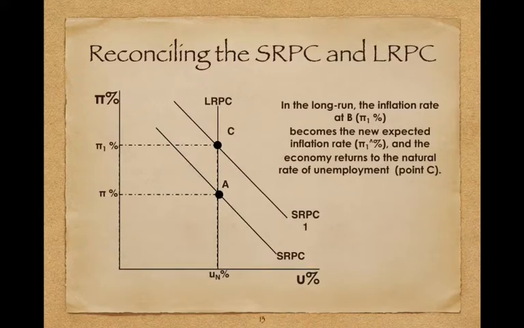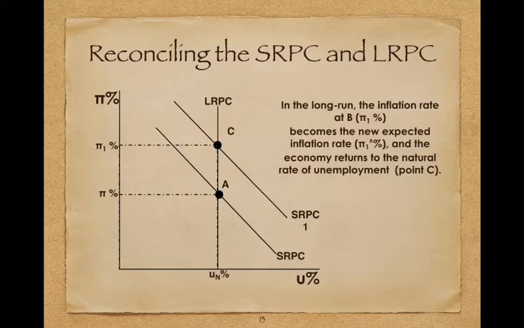And so this SRPC is going to end up shifting to the right. And so what we have is a higher price than what we originally had. Now you might be a little confused at the moment. I promise I'm going to break this down in the upcoming slides. But what we end up seeing is that if we expect a higher inflation rate later, we're still going to be at this natural rate of unemployment. Okay?